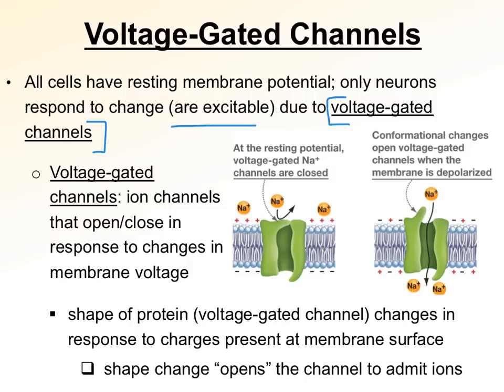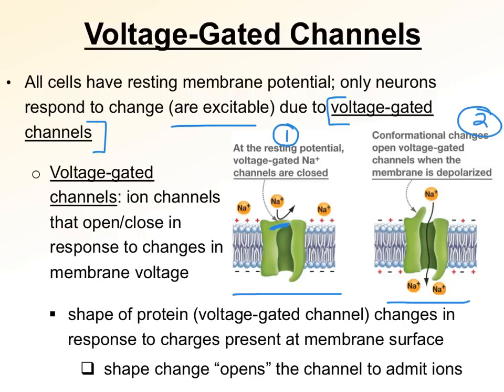So you can see here, for example, this particular channel is currently closed. You can see the closed position over here, and then if you look over here, this channel is now open. So what caused that opening? Well, it turns out that this protein changes shape in response to a change in voltage. So here in picture 1, it has one given shape, and then you change the charge around the protein, and that causes the protein to change shape, and then you end up with number 2, and now it's open.